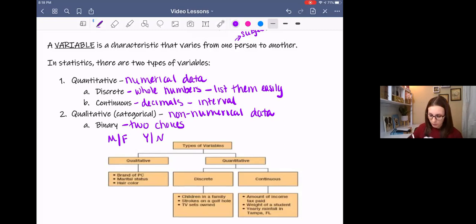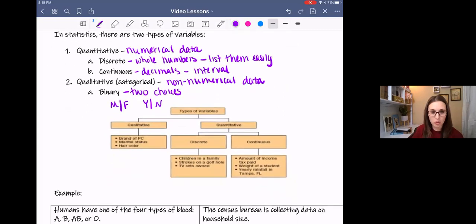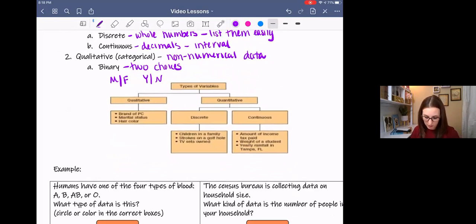And then I have some examples down here. The picture's a little bit fuzzy, but I think you can get a good idea of the flow chart. There are two types of variables, qualitative and quantitative. Examples of qualitative are brand of PC, marital status, hair color. Within quantitative, there are two types, discrete and continuous.